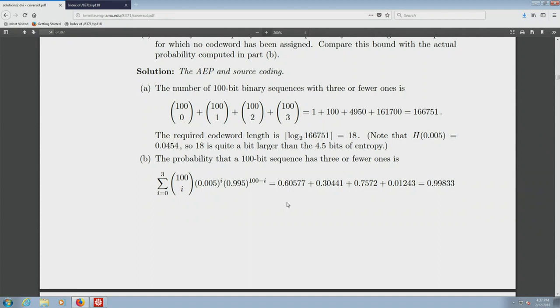We have this sequence here, right, and the probability of error. And so what he does here, we built our compressor, right? Every time we see a word, we have 100 words coming in, and we know the locations of the ones.